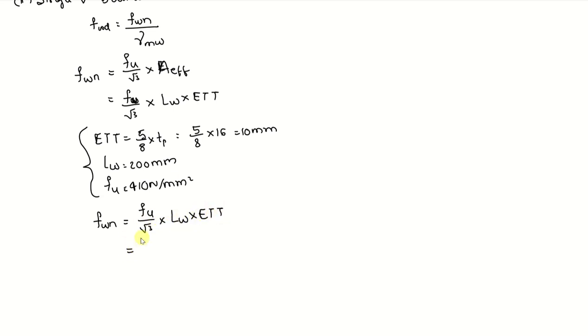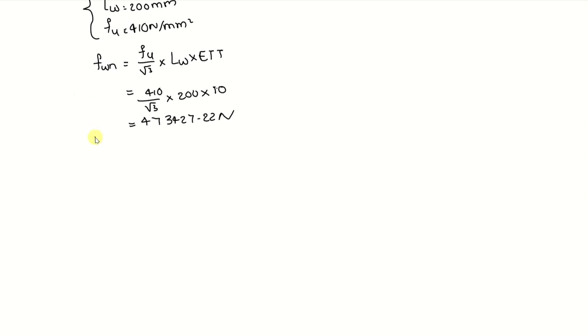So 410 by root 3 into the length of the weld 200 into effective throat thickness 10 mm. We will be getting 473,427.22 Newton.